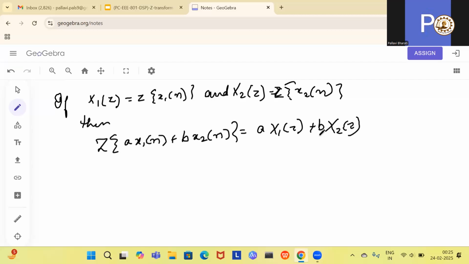So this part, the part on the if side, is given to you. This is given. And this is the part that you need to prove.